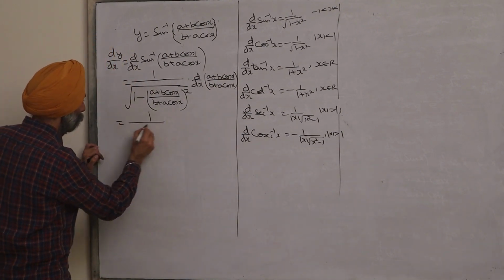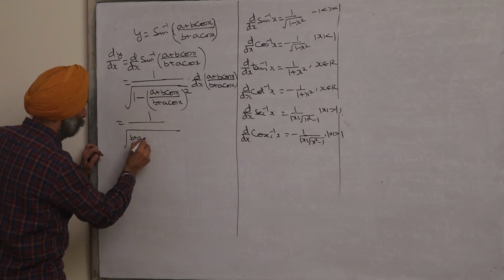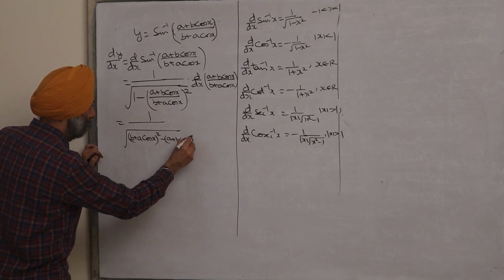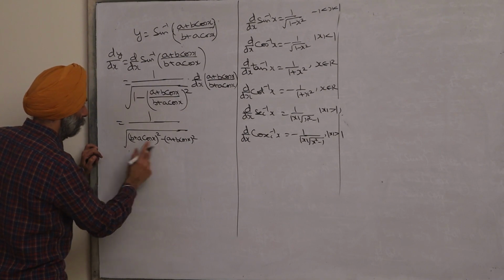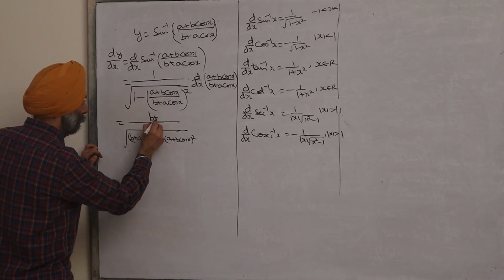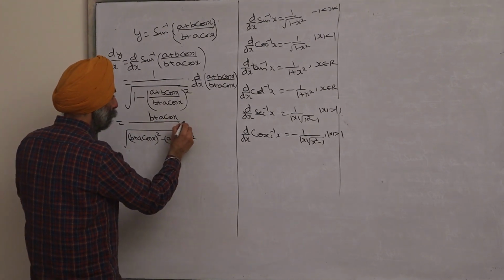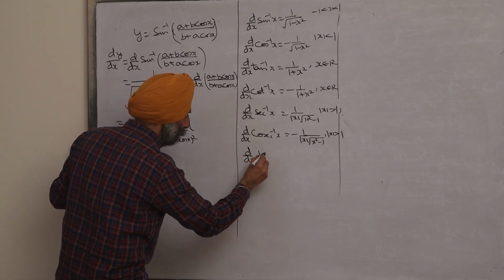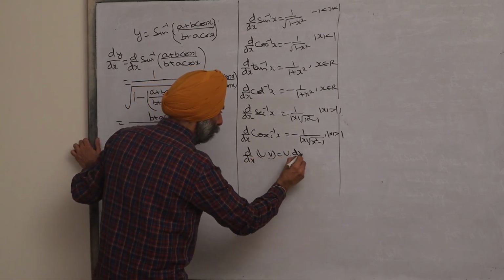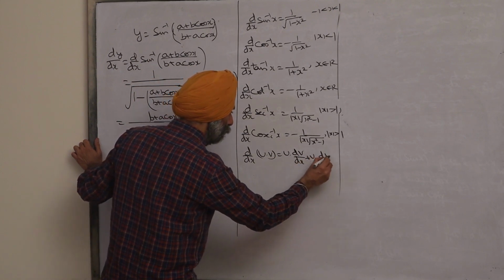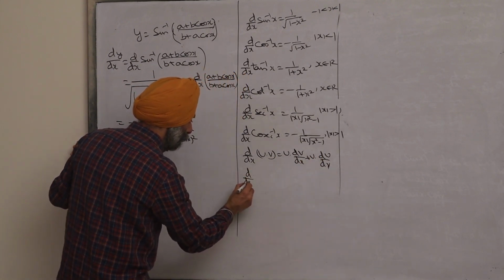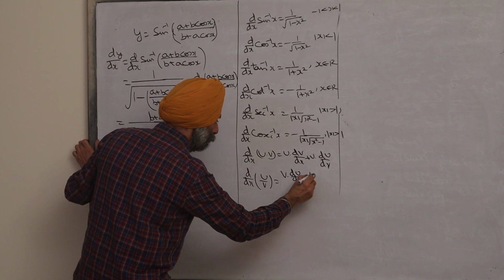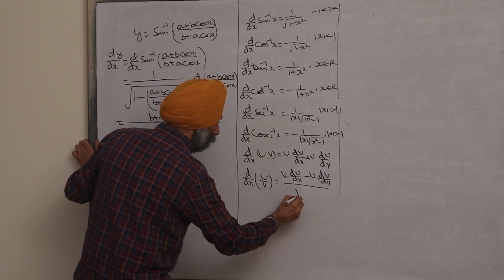Can I write this as 1 over under root of b plus a cos x whole square minus a plus b cos x whole square upon b plus a cos x, so it will go there, into, what is that? It is u upon v, because d over dx of u upon v is v into differential of u minus u into differential of v upon v square.